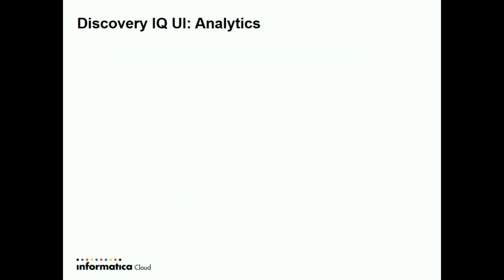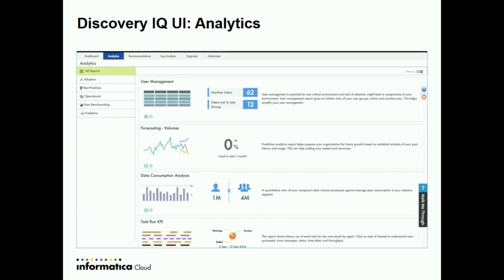The next component of DiscoveryIQ UI is Analytics. Just as in Informatica Cloud Services or ICS, DiscoveryIQ extends its capability to Informatica Cloud Real-Time or ICRT. Report analytics covered by DiscoveryIQ in ICRT is the process and guide oriented.